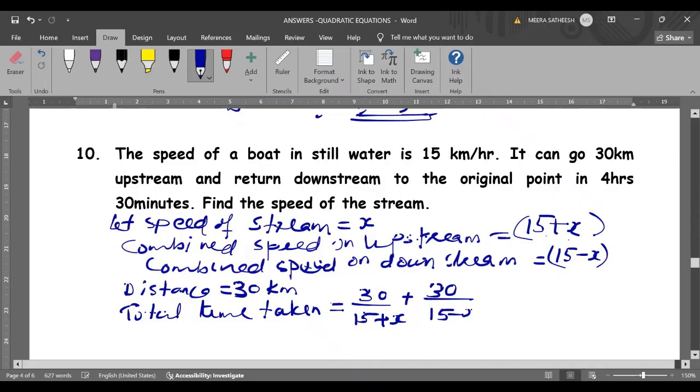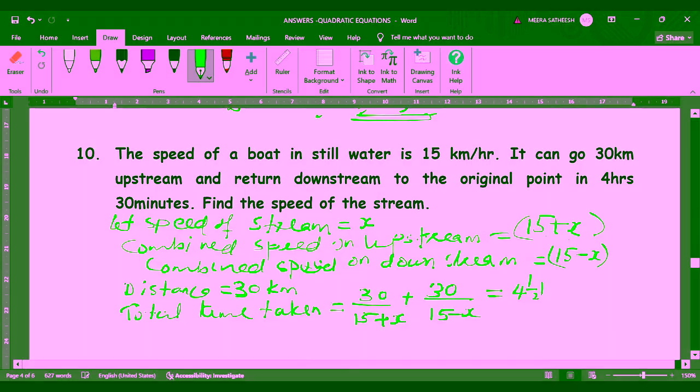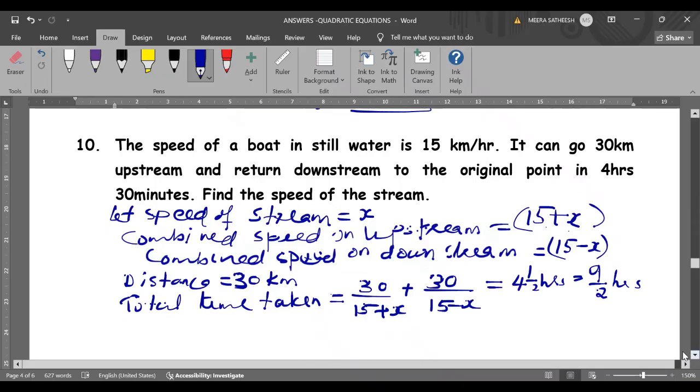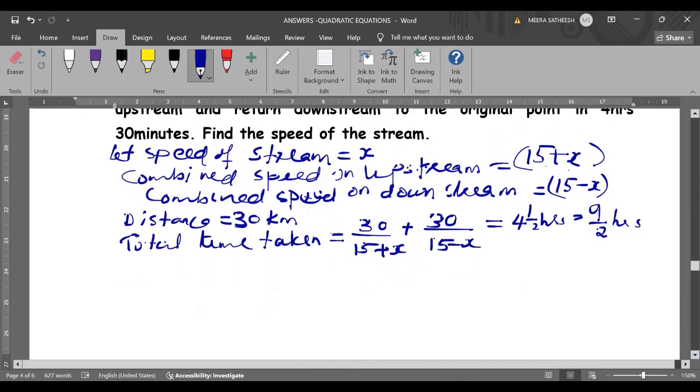This is the combined total time taken. That is given as 4 hours 30 minutes, so that means 4.5 hours. We have to convert everything to hours, so you can put either 4.5 or 9 by 2 hours. Now we need to form the quadratic equation here.